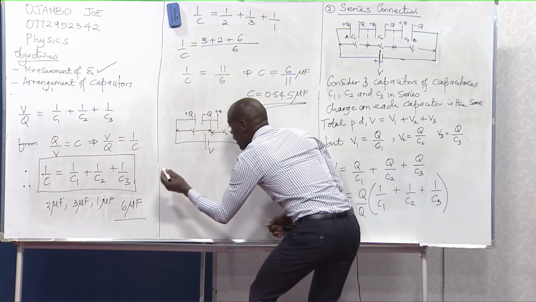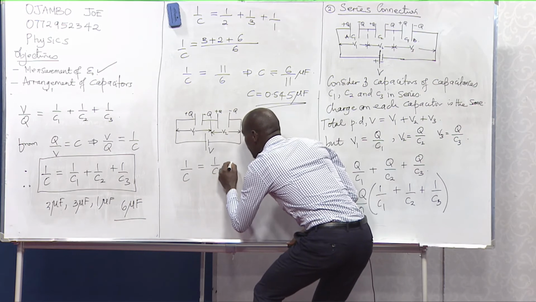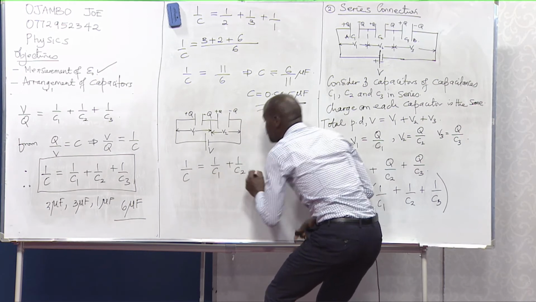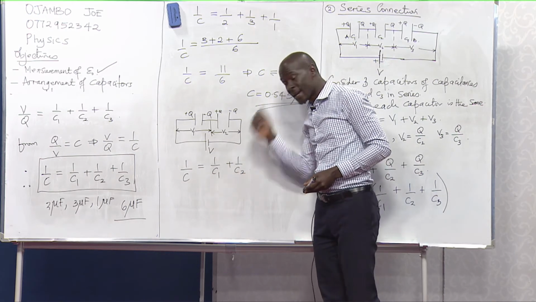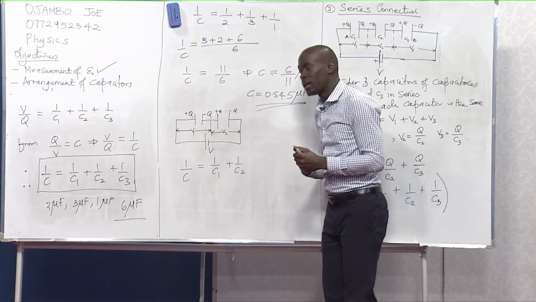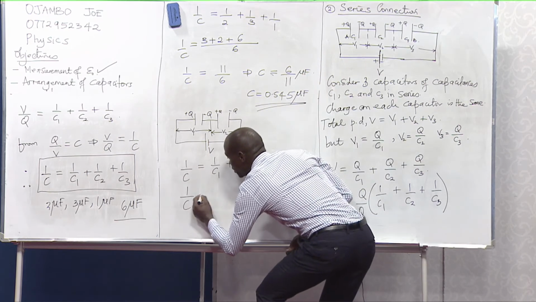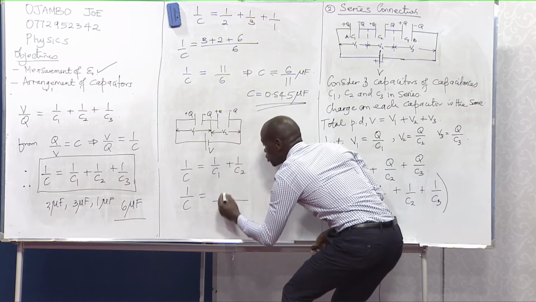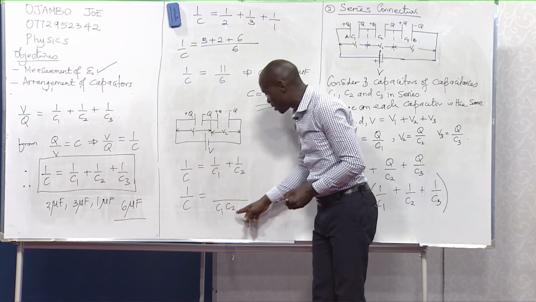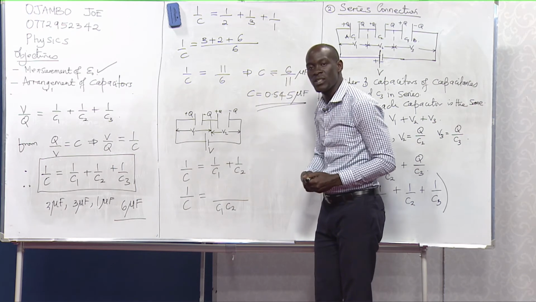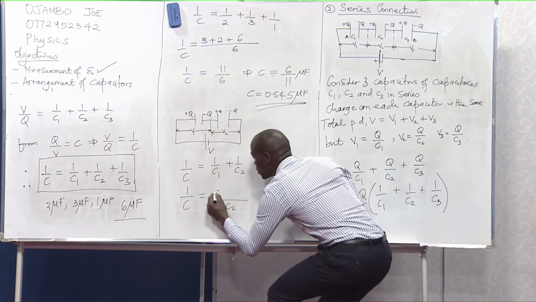Suppose we have worked out and gone up to this point, 1 over C1 plus 1 over C2. At this point, since I have just two of them, I can proceed and get the LCM on the right-hand side, okay? So we shall have 1 over C is equal to the LCM of these two. I can have it as C1 C2. So C1 C2 divided by C1 gives C2, times 1 is going to be C2.